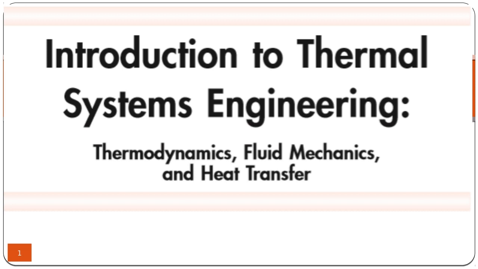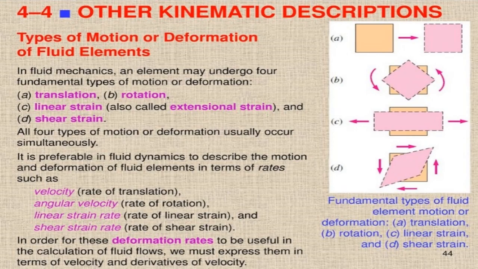They translate, they rotate, but they also do some other deformations or motions. And in this chapter, we will see other kinematic properties of the fluid particles. In solid mechanics, remember that a solid rod, if you pull it apart, will elongate.